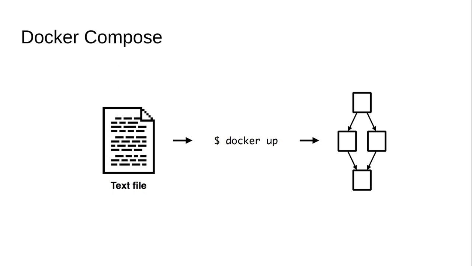When we provide this YAML file to Docker Compose, which is one utility, it will parse the file, understand what services and tasks we need, and accordingly start those multiple containers at the same time.